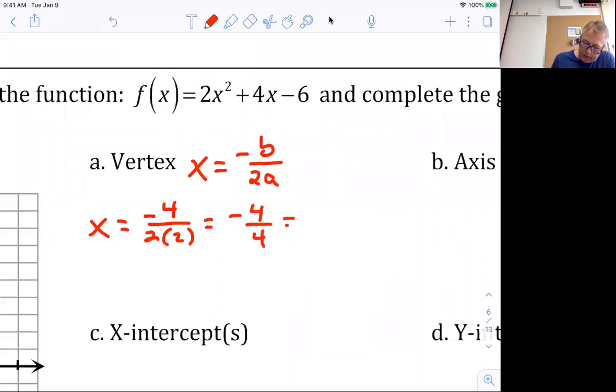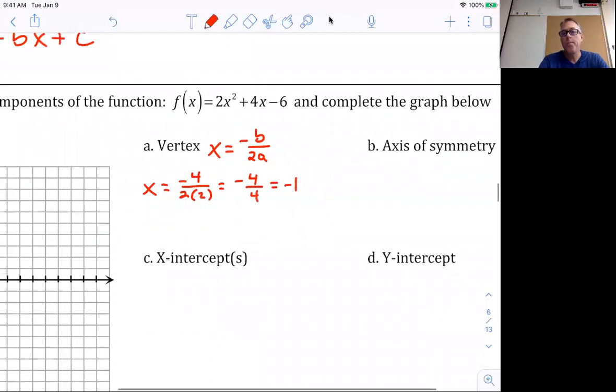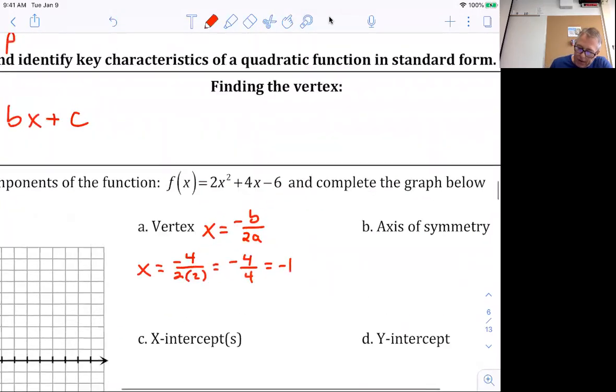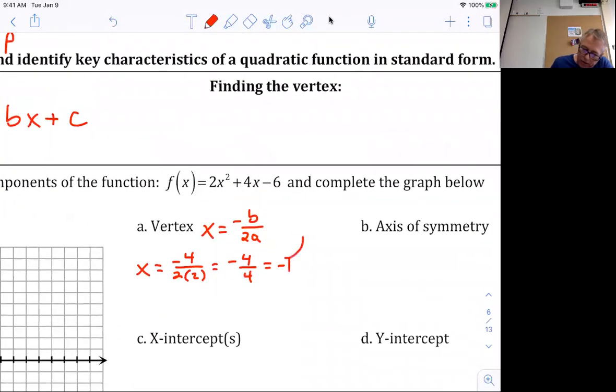So I get my x is negative 1. The x value of the vertex is negative 1. To get the y value of the vertex, I then have to take that negative 1 and plug it in for the x's.